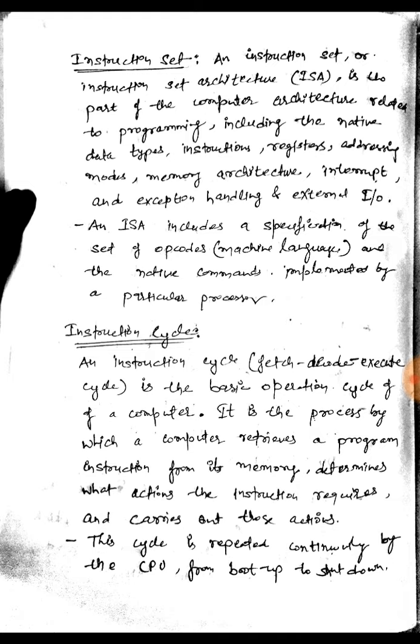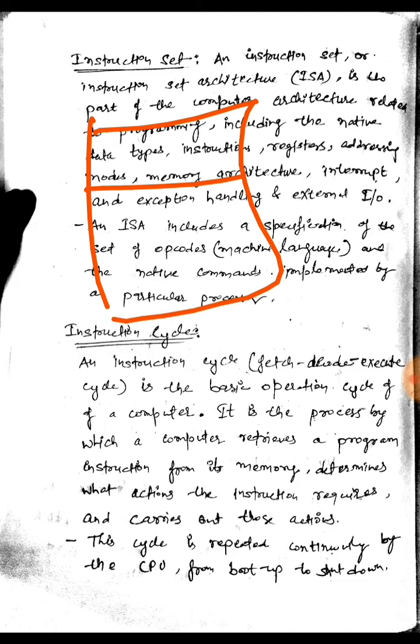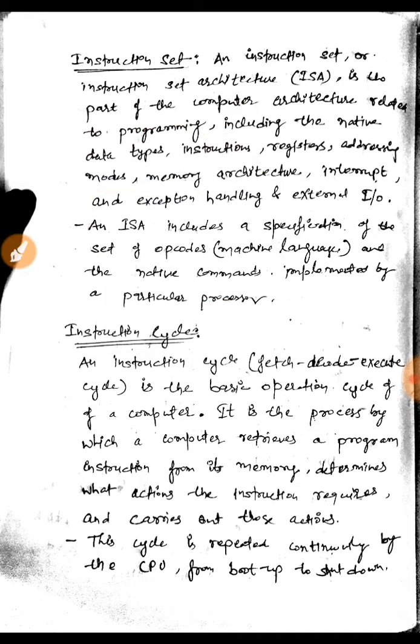Then this will come to the registers, that is if I have an instruction register, then this instruction will come to the instruction register where it will be decoded, and then this instruction would be executed. So an instruction cycle, that is fetch, decode, execute cycle, is the basic operation cycle of any computer organization. It is the process by which a computer retrieves a program instruction from its memory. So first of all, the instruction or the program will be fetched from the memory.